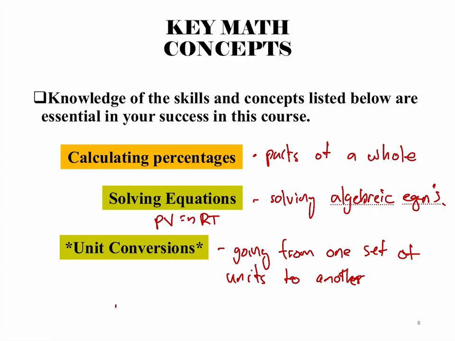This also has to do with something that we call dimensional analysis. And dimensional analysis is kind of another thing, where a dimension is interchangeable with a unit, right? What are the dimensions of R in that equation, for example? That's just saying, what are the units of R in that equation?